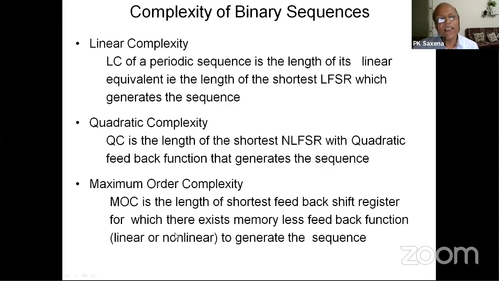These concepts give us an idea of how complex my key generator is. The more complex the key generator is, the more difficult the decryption of the crypto system is.